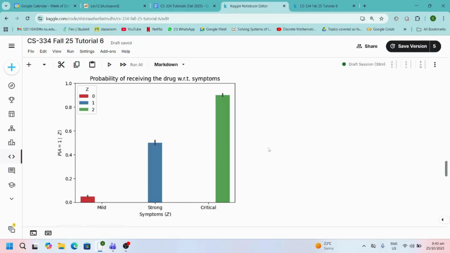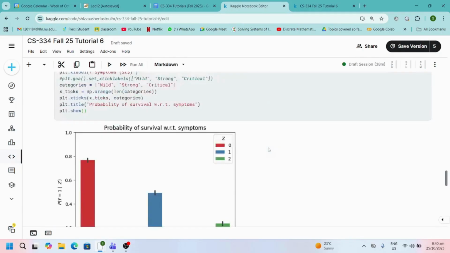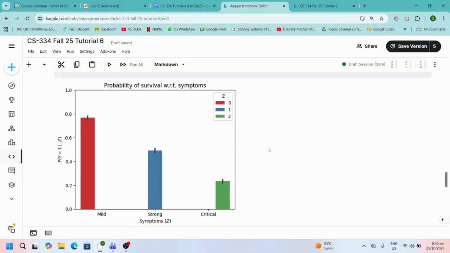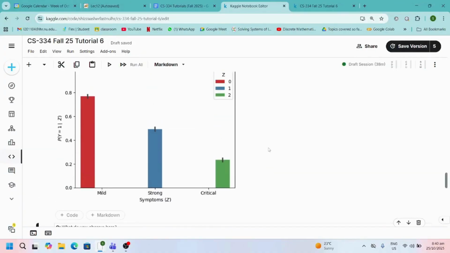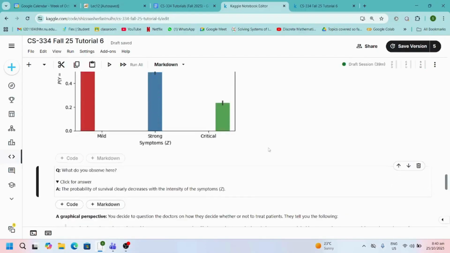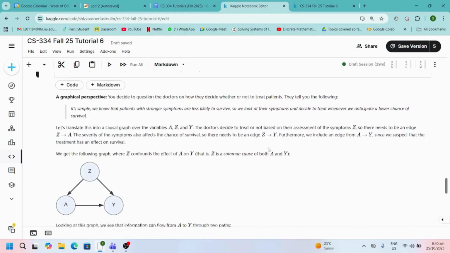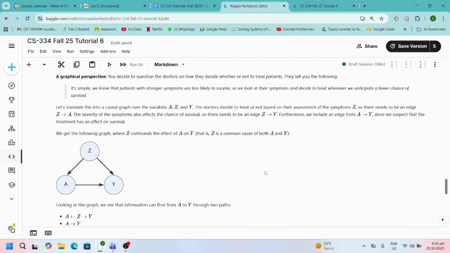So the severity of symptoms, which is Z, is impacting whether the treatment is administered or not, which is A. Similarly, Z is also impacting Y, which is survival. However, I am just trying to observe the effect of A on Y. I am not able to isolate this effect because this is what my causal directed acyclic graph comes out to be.